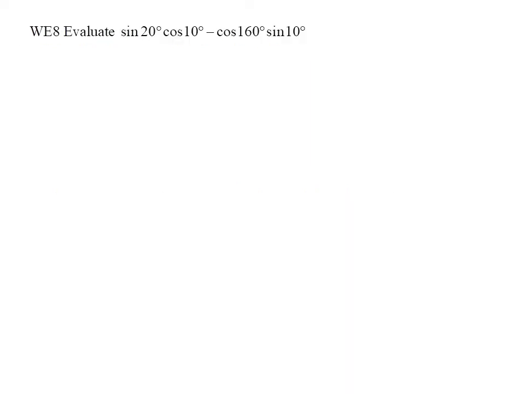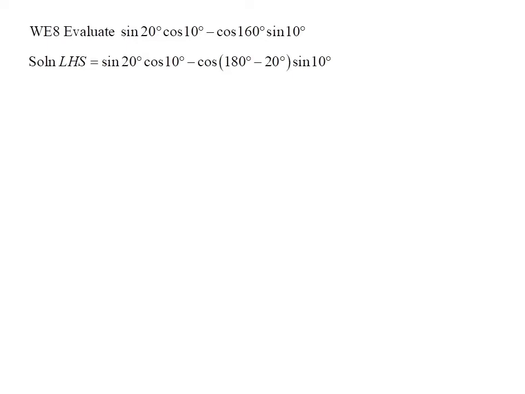Example 8 is to evaluate a trigonometry expression of sine 20 degrees cosine 10 degrees minus cosine 160 degrees sine 10 degrees. According to the expression, we may apply the supplementary relation to transform the second quadrant angle 160 degrees to the corresponding first quadrant angle.